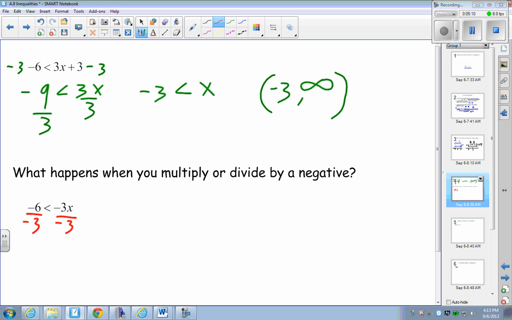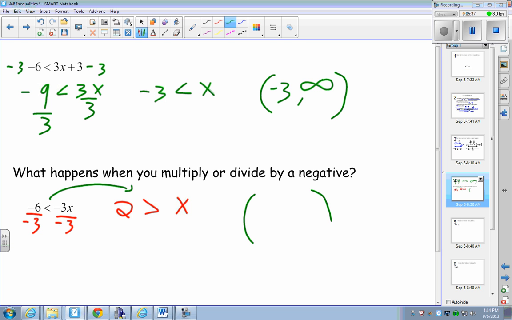So what's going to happen is I have 2 is greater than x. And I'm hoping you guys saw that, and all I did was flip that less than to greater than. So what this is saying now is x has to be less than anything under 2. And so we can write this as an inequality.